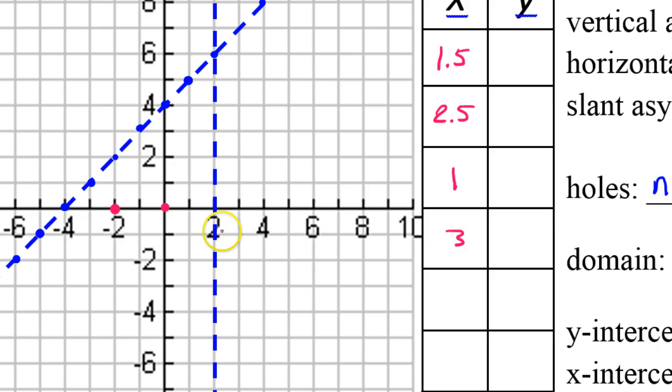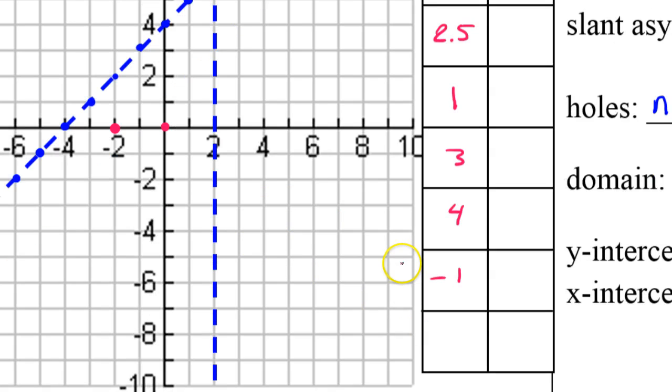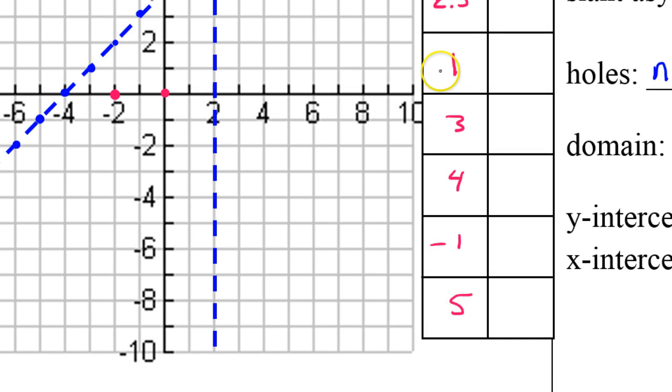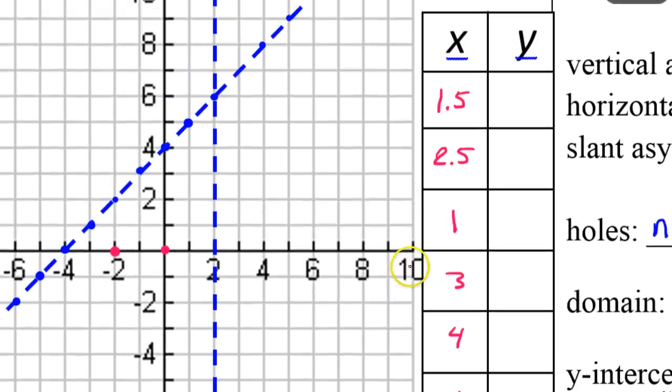I'm just sort of going to the left and right. 0 I've already got, but then I could do 4. -1 would be good to use, and I could do 5. Okay, and that fills up my chart, so this is a good amount of points to use.